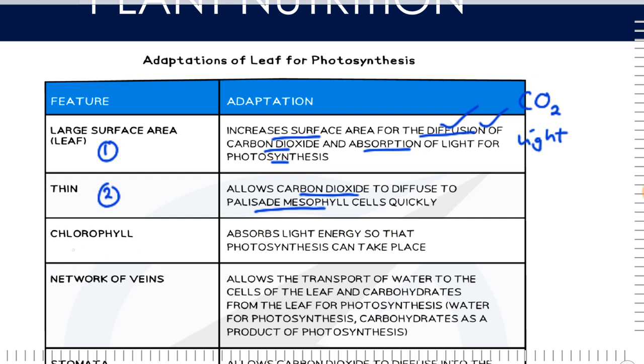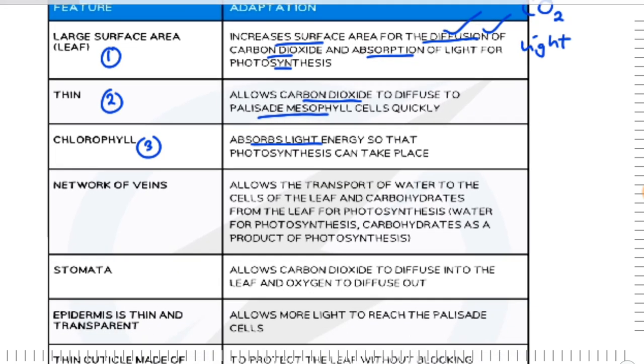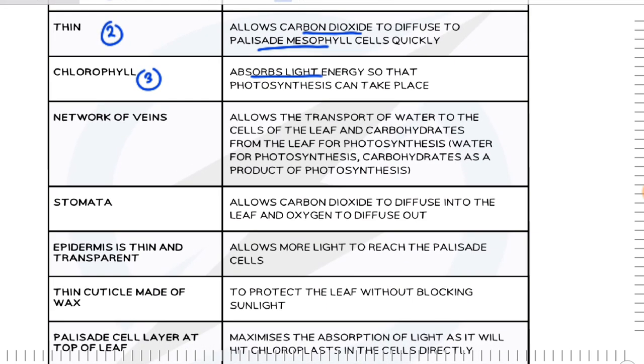Then the third one is chlorophyll. Chlorophyll is available and it is abundant, and it is in the chloroplasts. That chlorophyll absorbs light energy so that photosynthesis can take place. Then we have a network of veins.